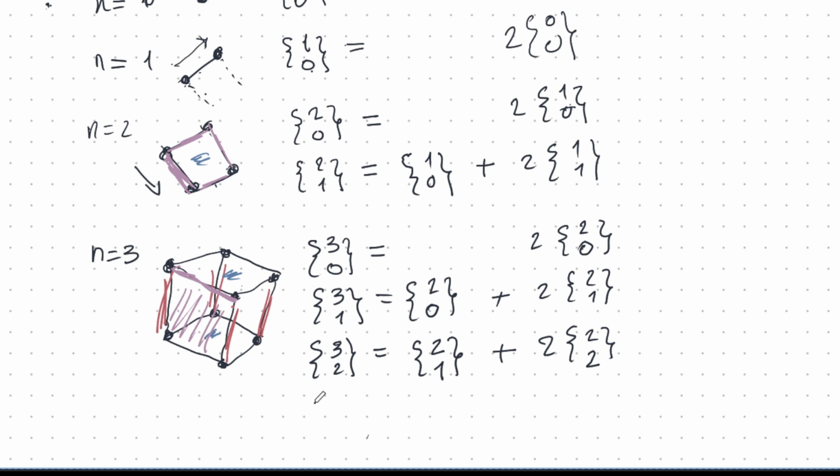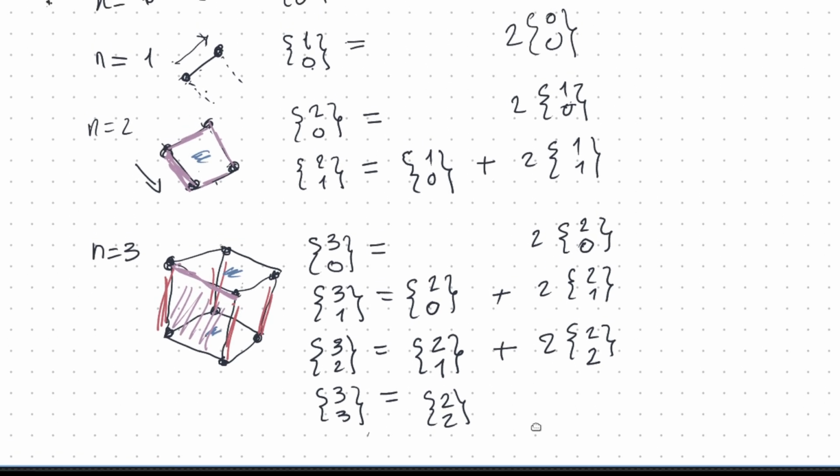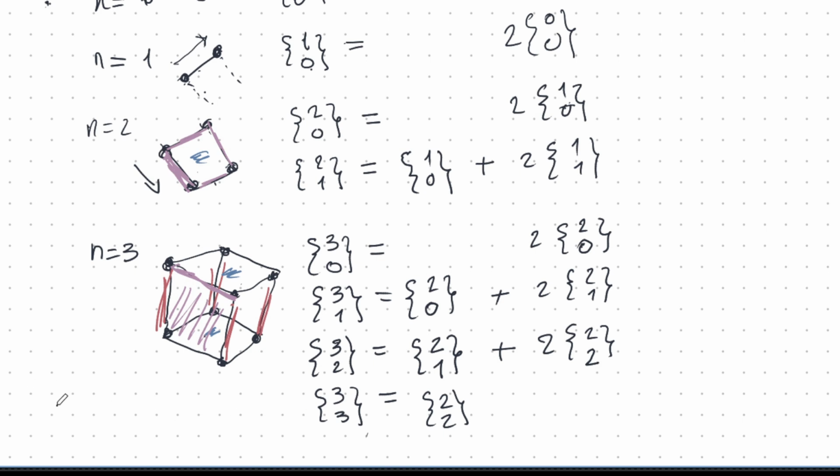Okay. And finally, let's see what we got here. 3, 3. Let's see if I can do this correctly. 3, 3. Well, that's going to be just 1 cube. That's the same as the number of faces in the previous dimensional object. Okay, very good. We have all of this. And now, if we reason about this very, very carefully, we end up with the following formula. nk, watch this.